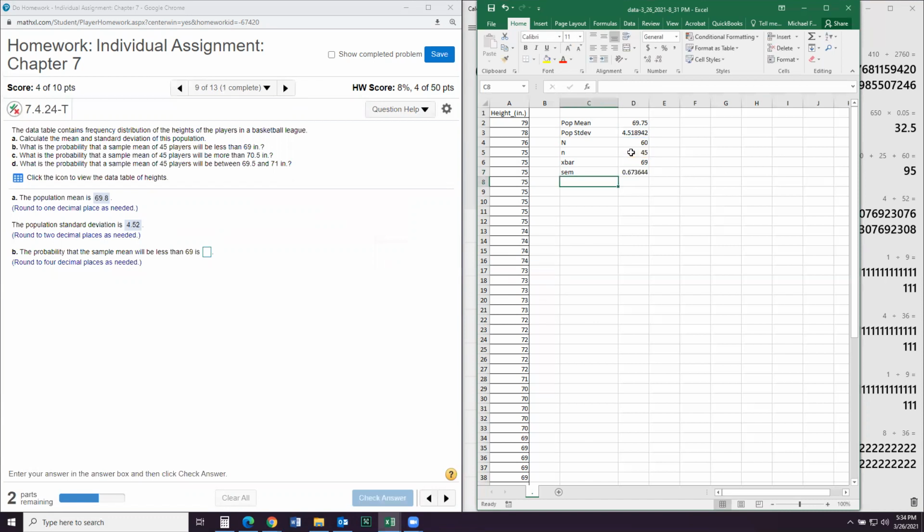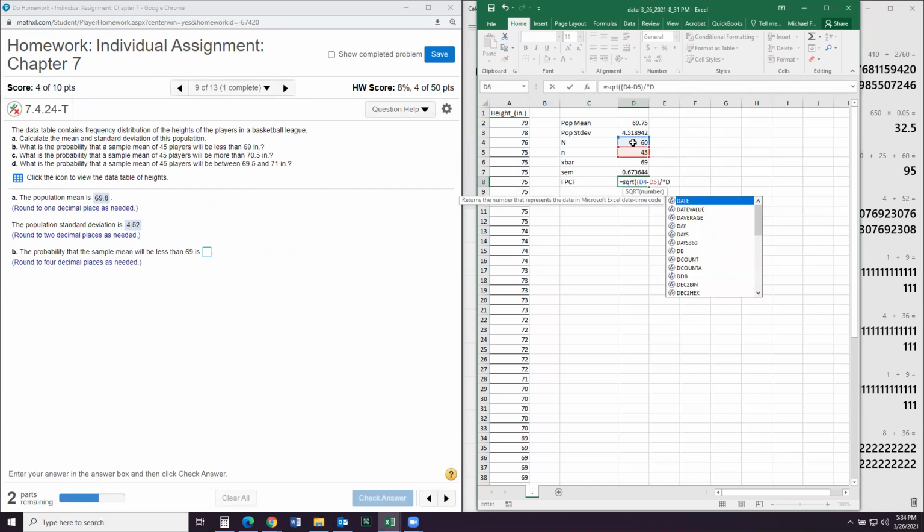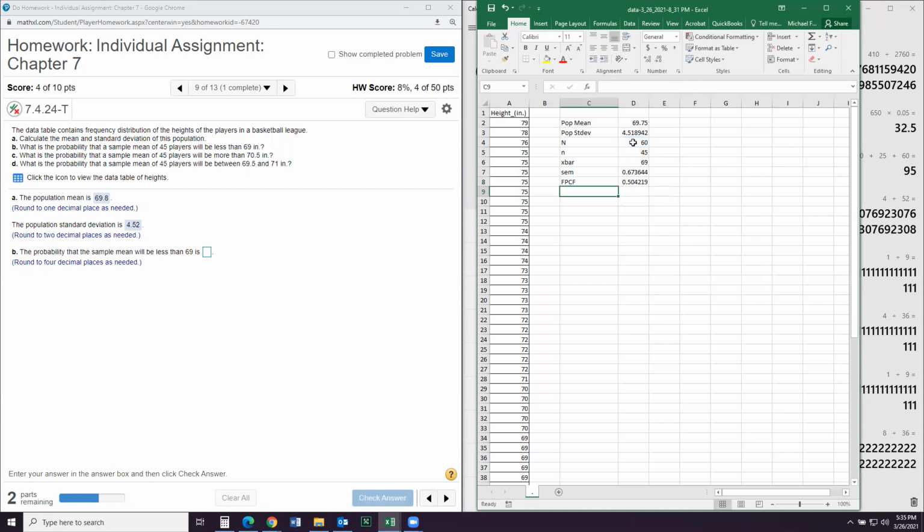There's our standard error of the mean, and then our finite population correction factor is going to be the square root of big N minus little n, divided by big N minus 1. So our corrected standard error of the mean will be the standard error of the mean times the finite population correction factor.